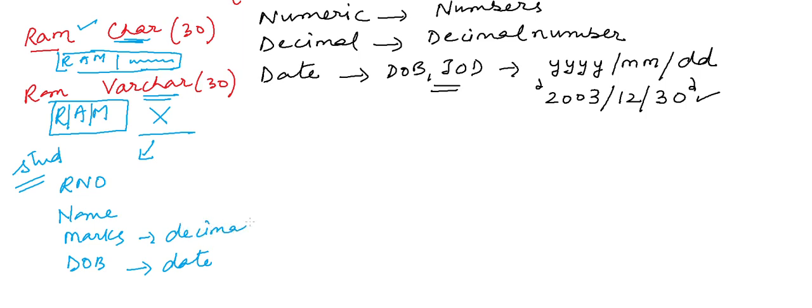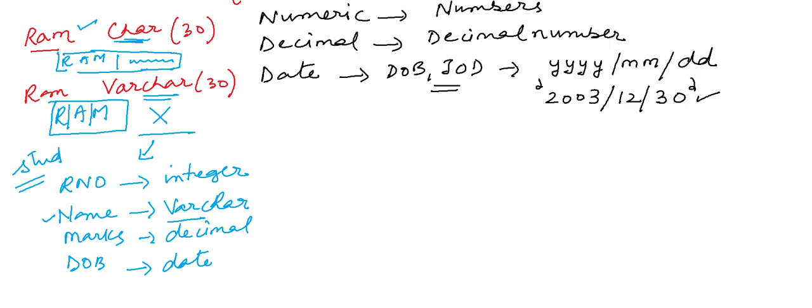The data type of name is going to be varchar. Why am I taking varchar? Because all the names are of different sizes. So when the data which I have to store in an attribute, in a column, in a field is of different sizes, then we should take it as varchar. And roll number is simple, numeric. I can take it as integer. You can take it as numeric, anything.